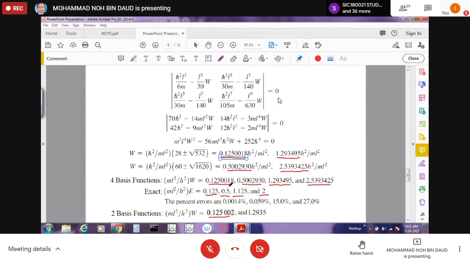At the same time, we also significantly lowered the second energy, from 1.2935 to 0.5, a very significant improvement, close to this exact energy.